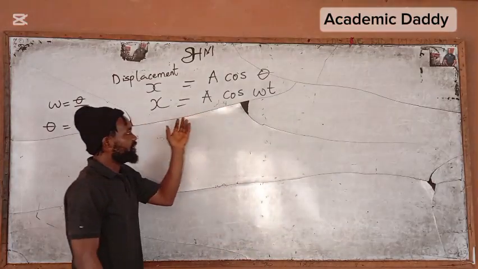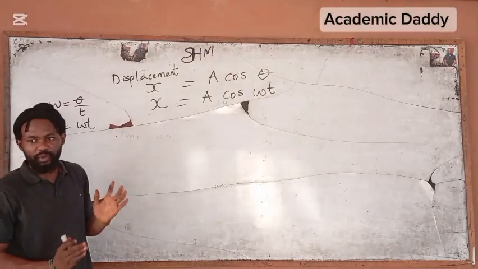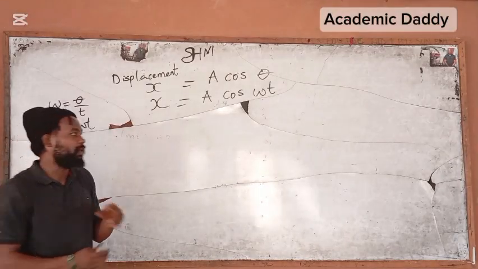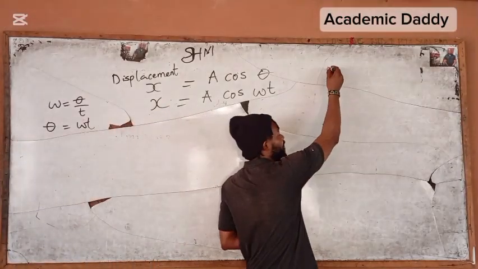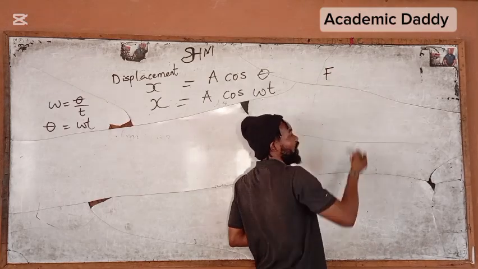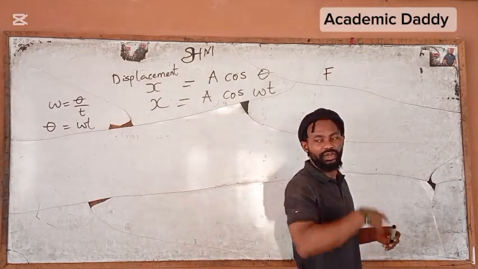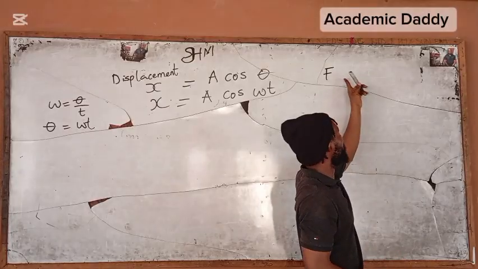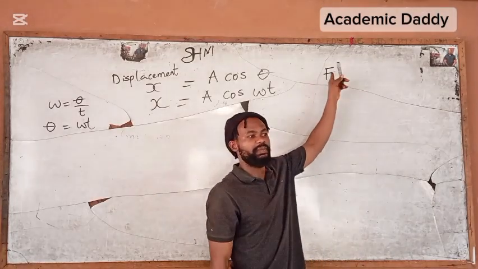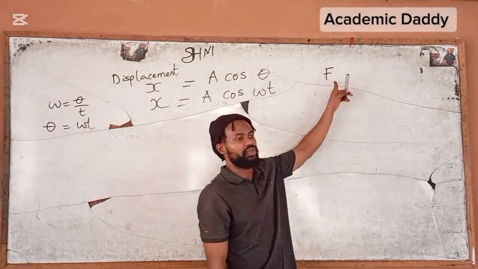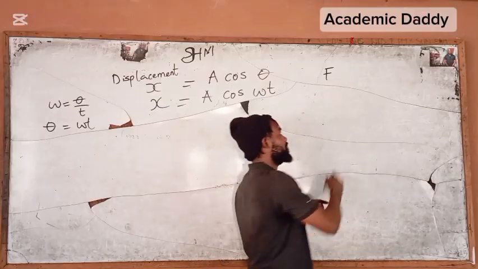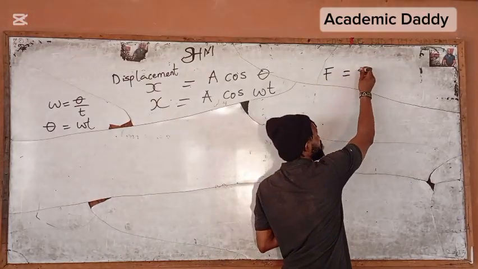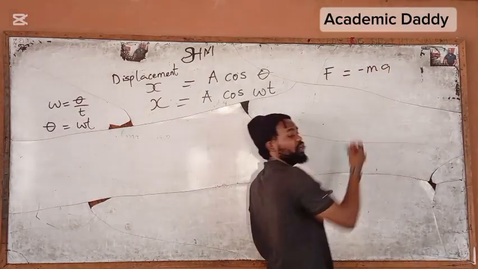So I said that simple harmonic motion is defined as the to and fro movement of a body along a fixed path. It is the movement of a body in such a way that its acceleration and displacement move in opposite direction to the restoring force. So F equals minus MA, because F is equal to MA.